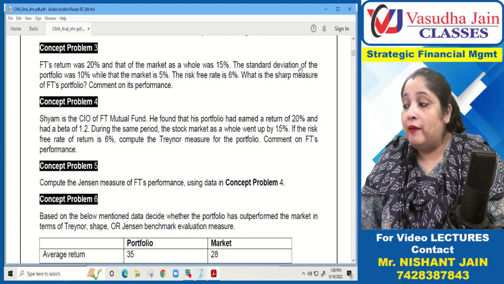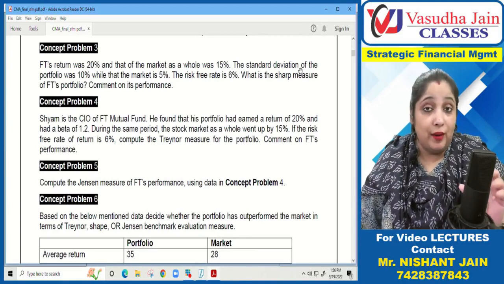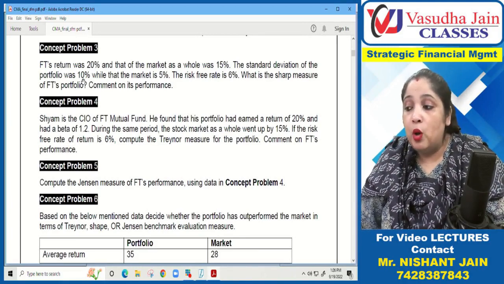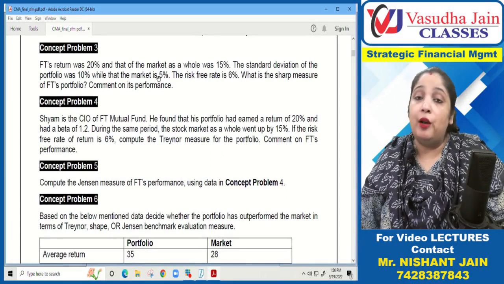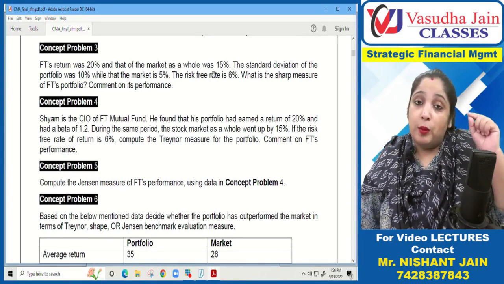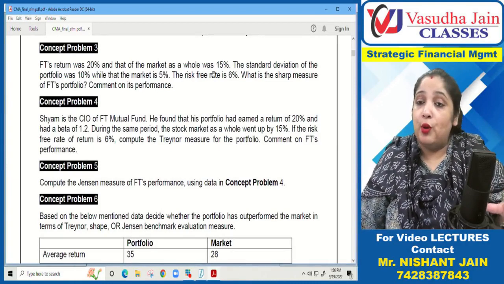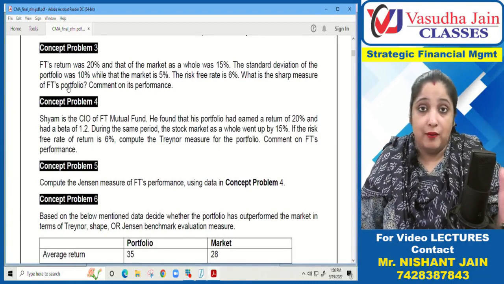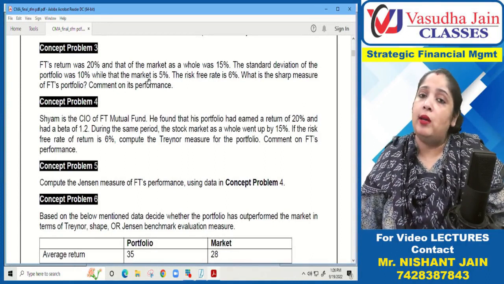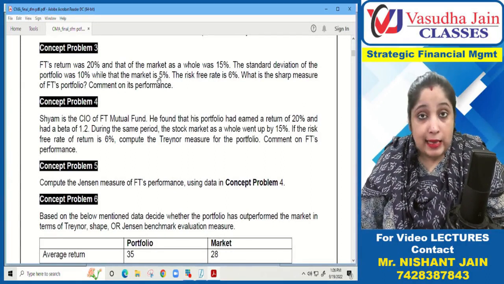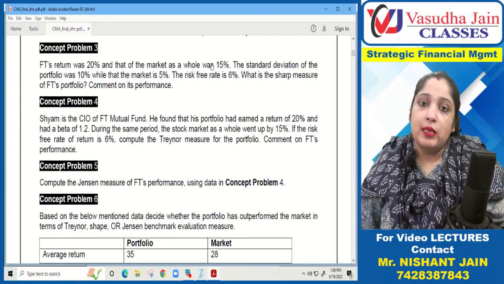The standard deviation, meaning total risk of the portfolio, was 10%, and that of the market is 5%. So the mutual fund portfolio has a risk of 10% standard deviation and the market has only 5% risk. The market has less risk and gives less return.